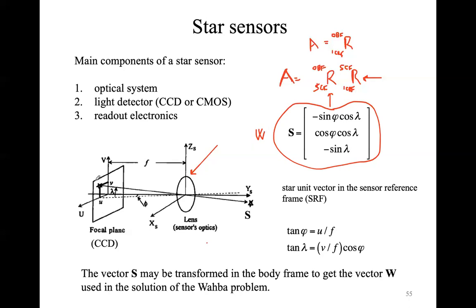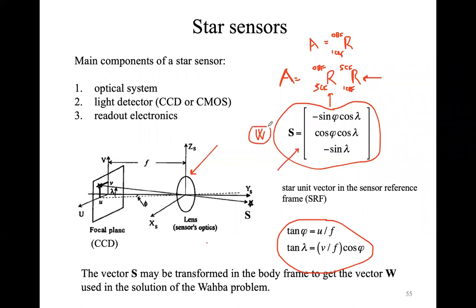The detector will have a focal plane that is given by the CCD, the charge coupled device. The star will project through a lens and be positioned at specific coordinates of the CCD, U and V. But U and V are directly related to phi and lambda. So by measuring U and V directly from the detector, we are able to determine S, and so our measurement W.